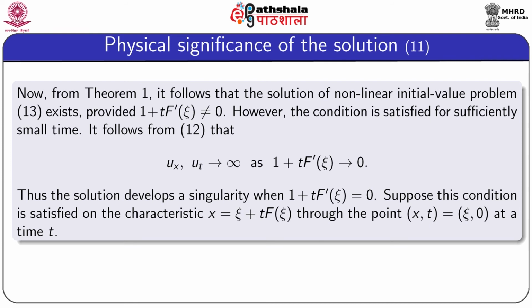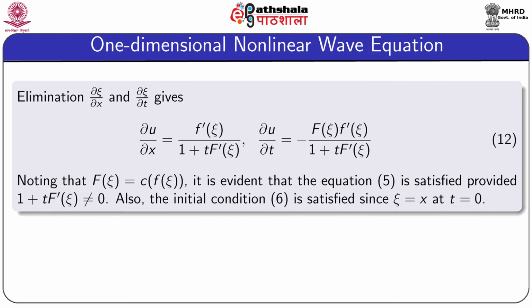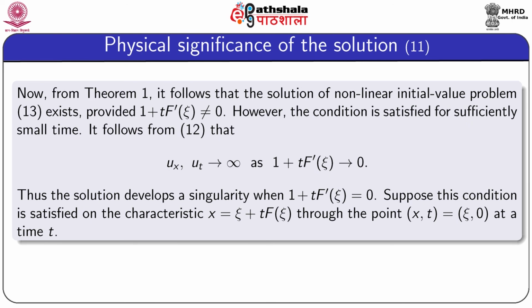Now, if 1 plus t f dash xi goes to 0, if we go back to equation 12, we find that the quantities del u del x and del u del t become infinite. That means the solution does not hold in case 1 plus t f dash xi goes to 0, or in other words we can say that the solution develops a singularity when 1 plus t f dash xi equals 0.